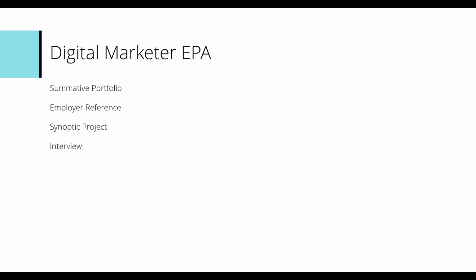So for the next couple of slides, let's touch on what the endpoint assessment consists of for each individual endpoint assessment. For digital marketer, there are 4 assessment methods. It's important to note that these assessment methods aren't discrete components.